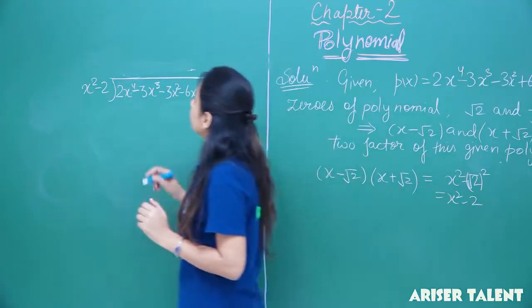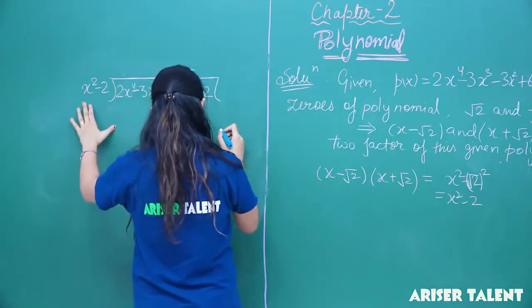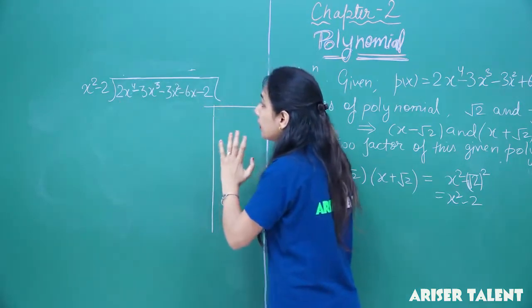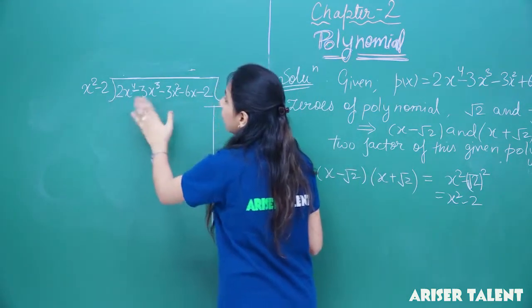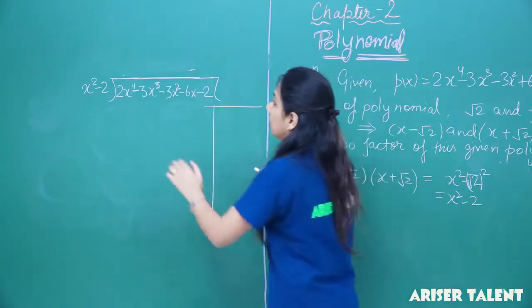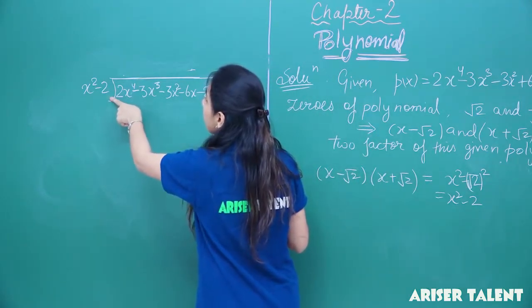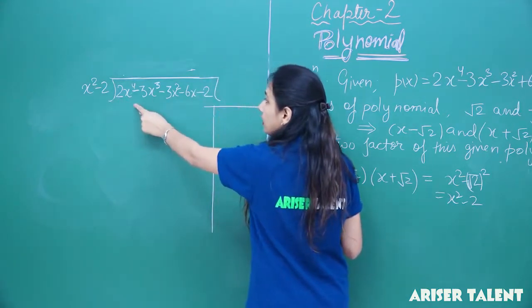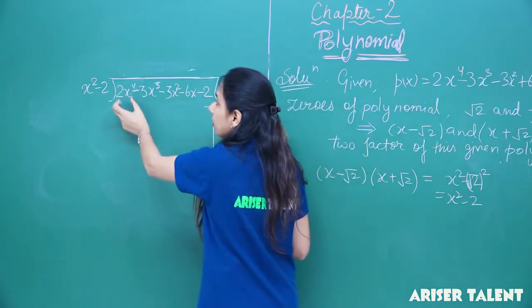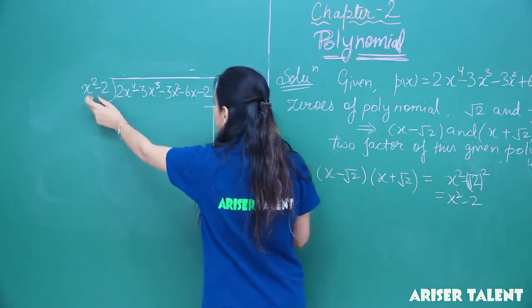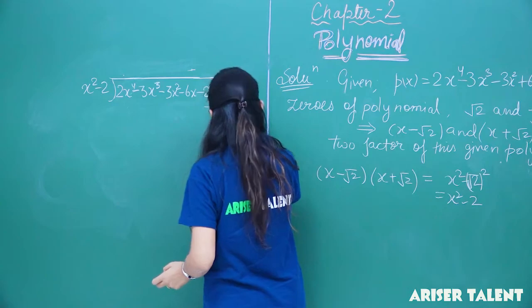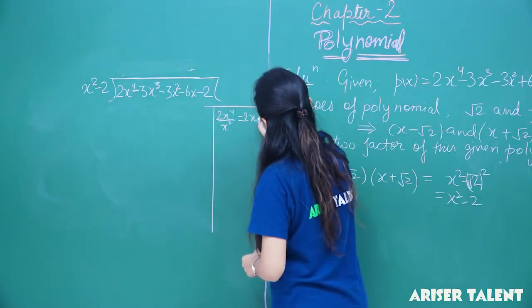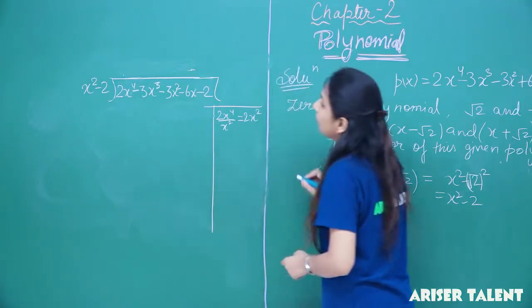Okay students, so now we will just have some space here for our rough work, and here we are going to solve the question. Now x square minus 2, here we are having x square and here 2x to the power 4. So we will simply divide this by this, that will give you what? 2x square.